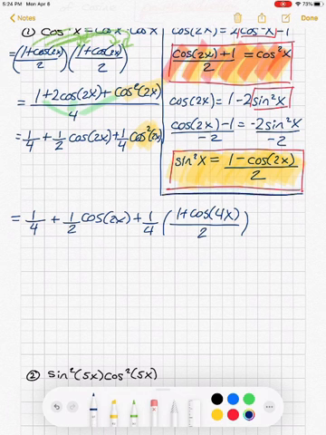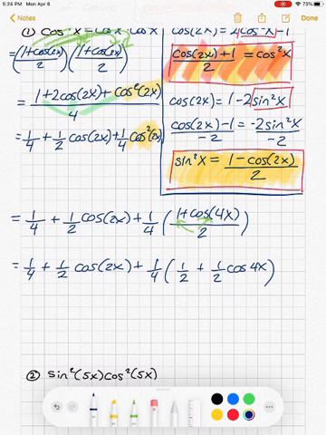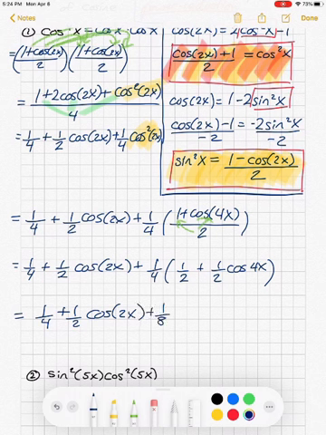All right, so what else? Let me just see if I can simplify this any more. See, this guy divides into both of these again. So I have a 1/4, and then a half plus a half cosine 4x, like so.